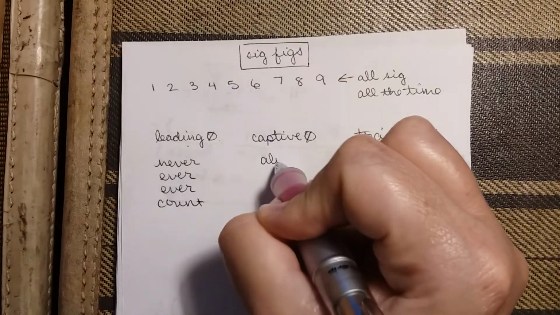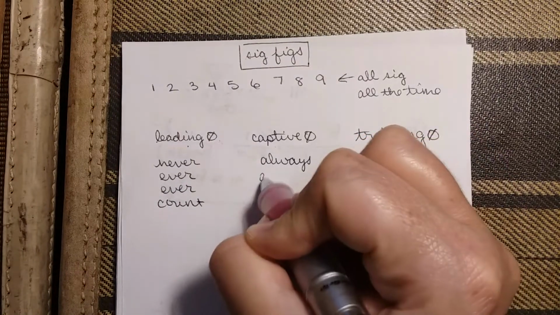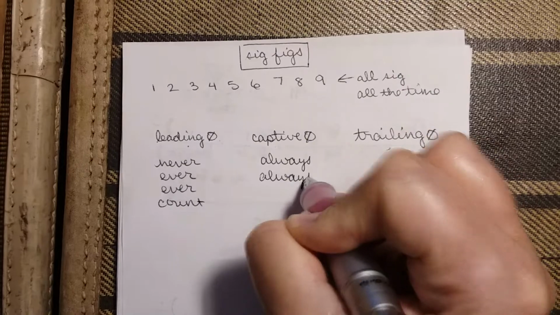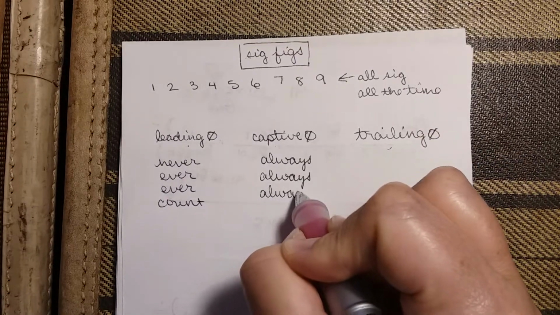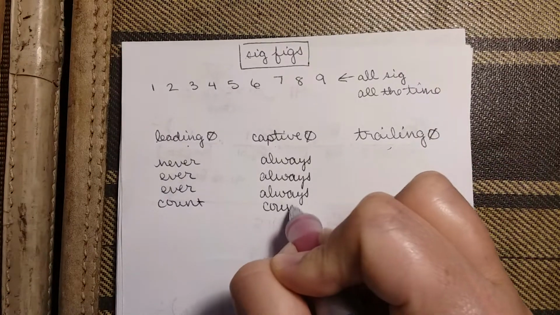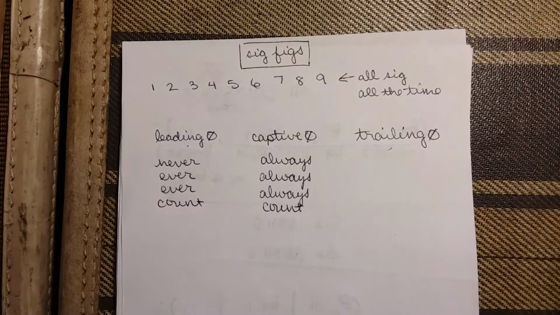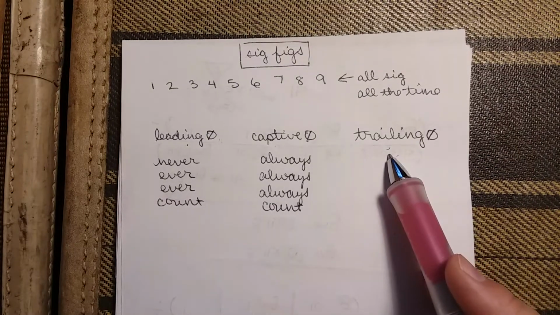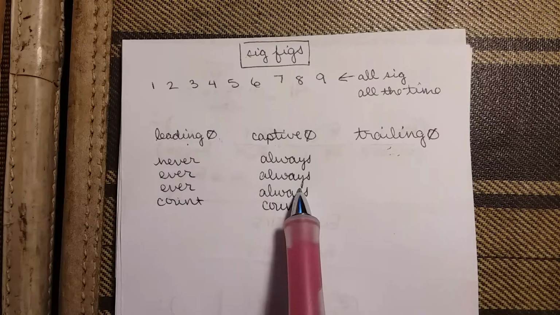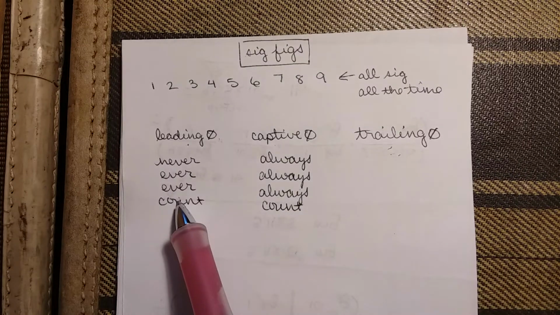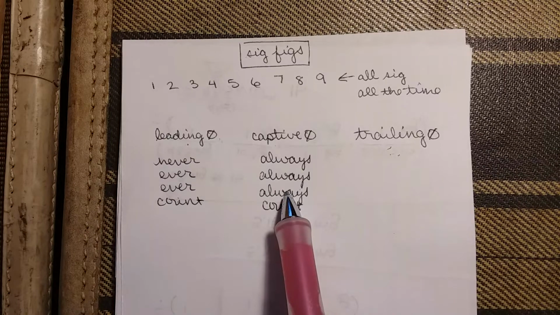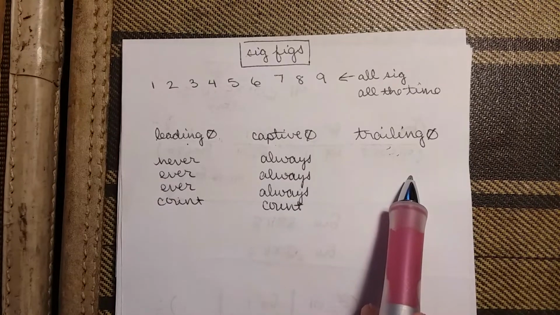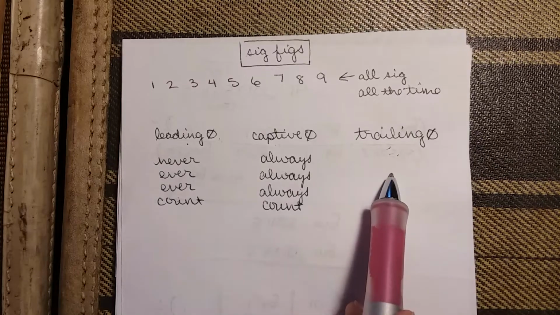Captive zeros always, always, always count. I know you've heard all this business about decimals, but they don't come into play until we get to trailing. Leading never counts, I don't care if there's decimals there or not. Captive always counts, I don't care if there's decimals there or not. It's not until we get to trailing that we have a decimal question.